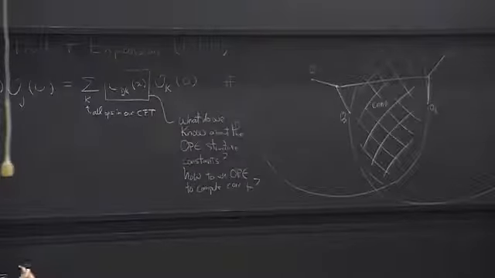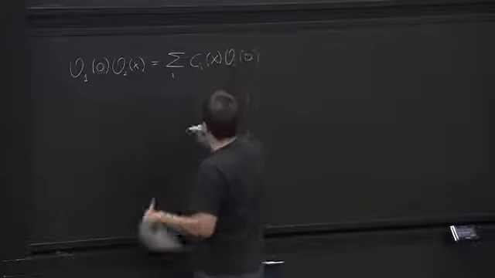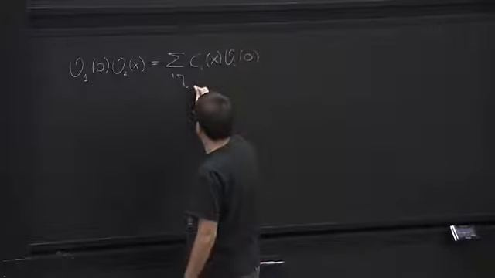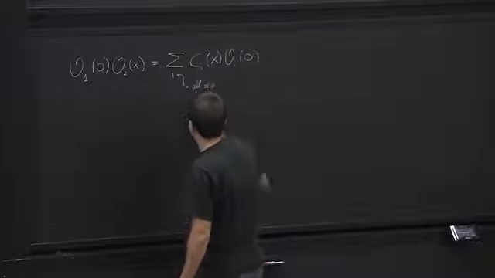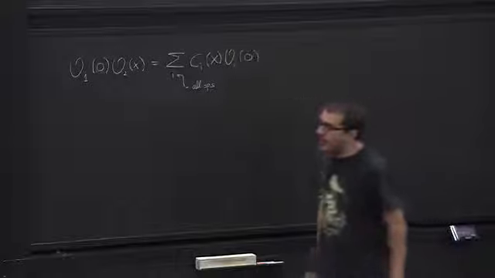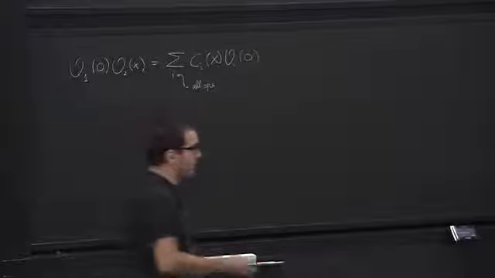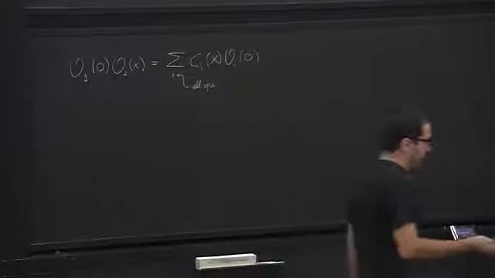so we have this sum over I, some coefficient C_I of x, O_I at 0, where this sum over I is a sum over all operators. It's a sum over all possible states of your Hilbert space. But our Hilbert space separates very nicely into primaries, which are really the key guys, and descendants that are just derivatives of the primaries, that in a way we believe should be obtained from the primaries just by using the conformal algebra.